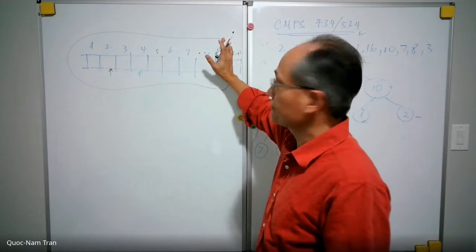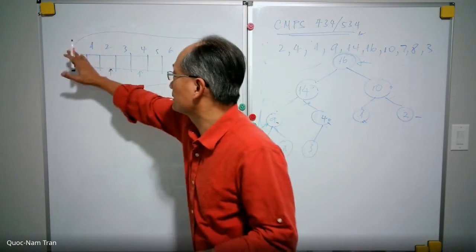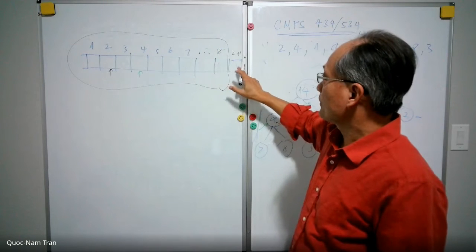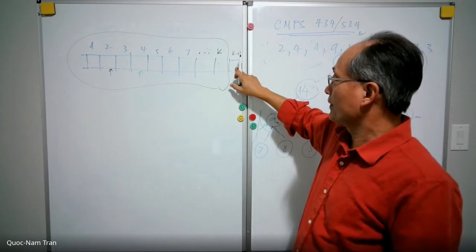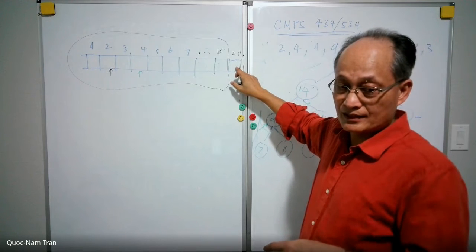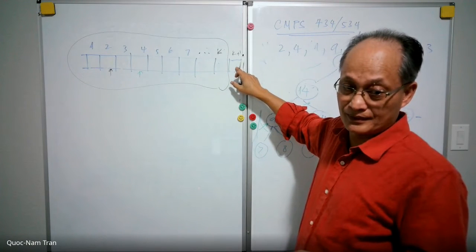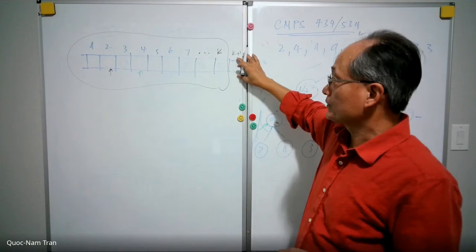We already have a heap after k steps. If we add one more, then whether or not the final result is also a heap, that is what we have to show.